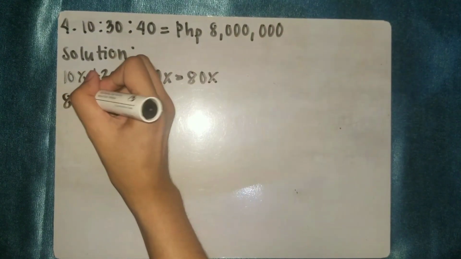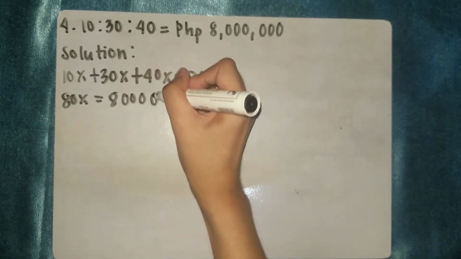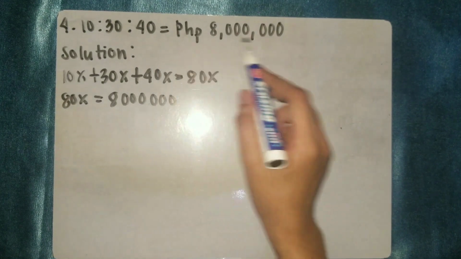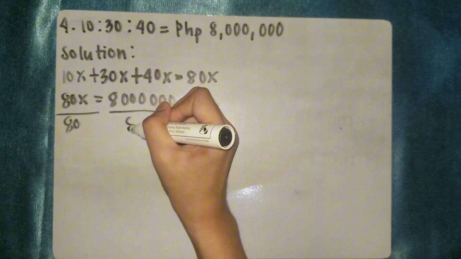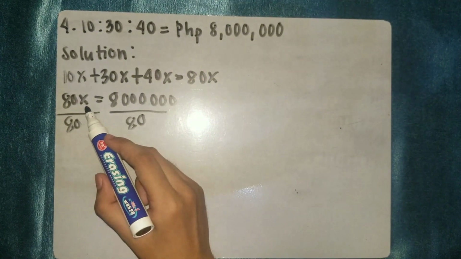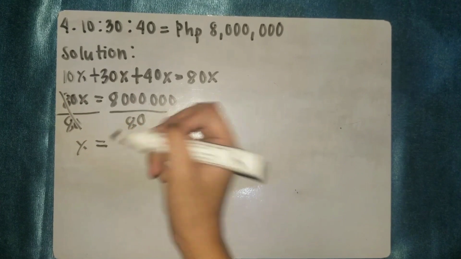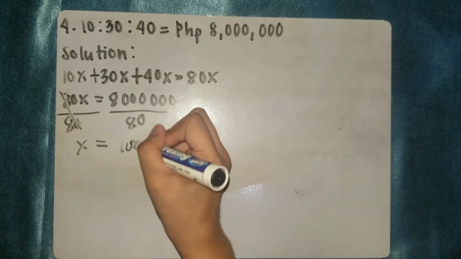Then 80x equal 8 million. So itong 8 million ay galing yan dito. Then divide 80 by both sides. 80x divided by 80 equal x. So cancel yan. 8 million divided by 80 equal 100,000.